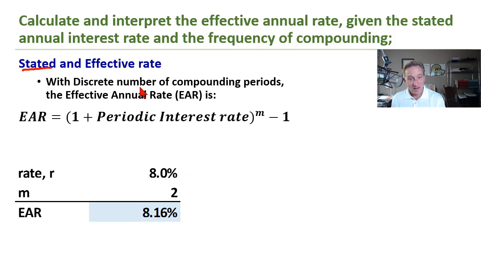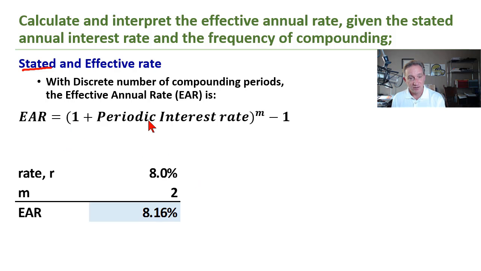So the effective interest rate that we would actually earn varies with the compound frequency. As we just saw, we can take the 8% stated or nominal rate. As we increase the compound frequency, the future value increases. So our effective interest rate increases as the compound frequency increases. So it's very important to keep this in mind when we're merely dealing with the stated or nominal interest rate.